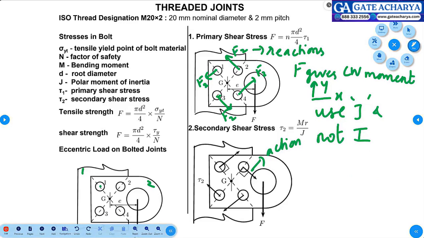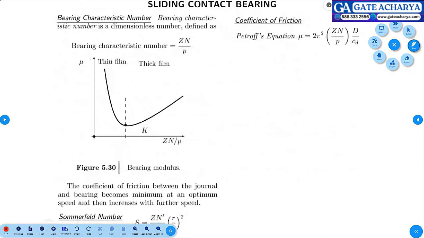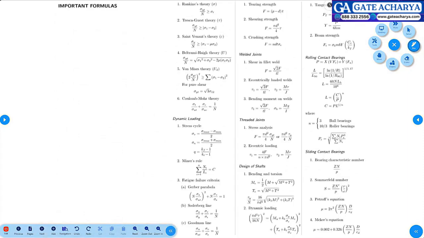What you do, see, learning methodology for GATE exam. We will take machine design as a subject you are going to learn.